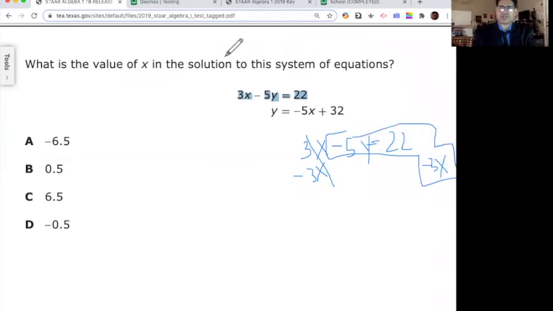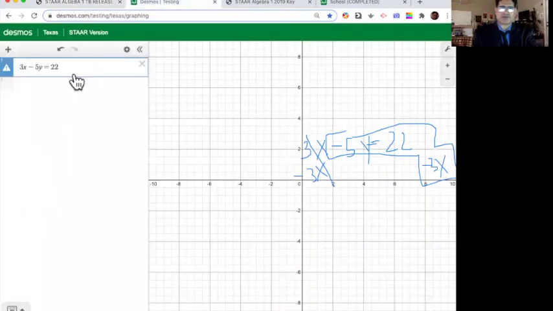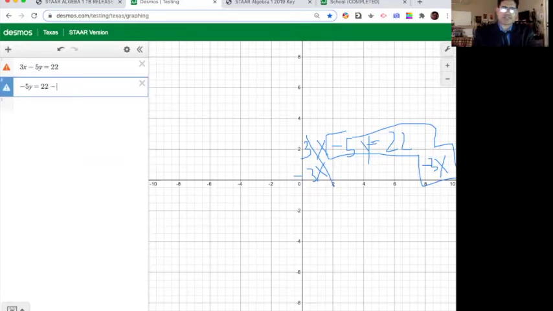And I'm going to put that in my Desmos calculator as negative 5y equals 22 minus 3x, because we took 3x from both sides, leaving us on that side with negative 3x. And we still don't have the equation, so we have to get y by itself.